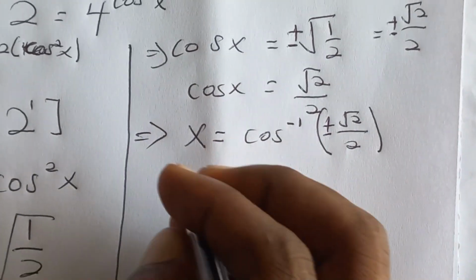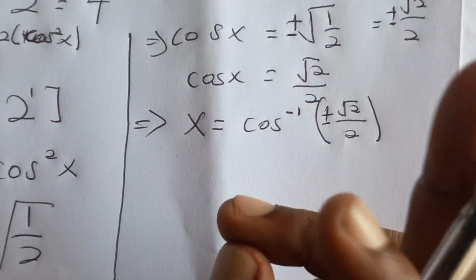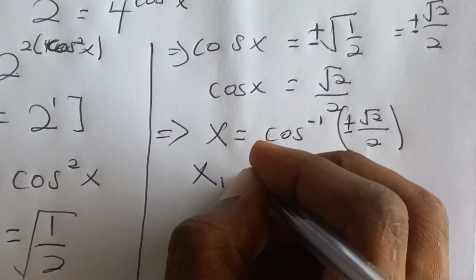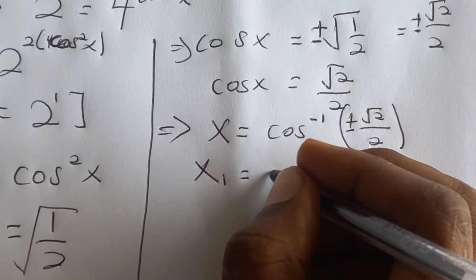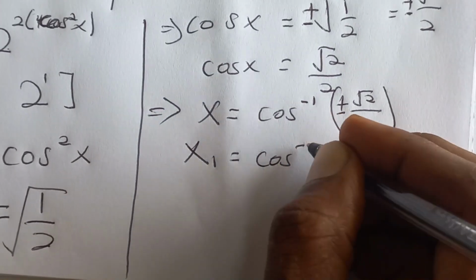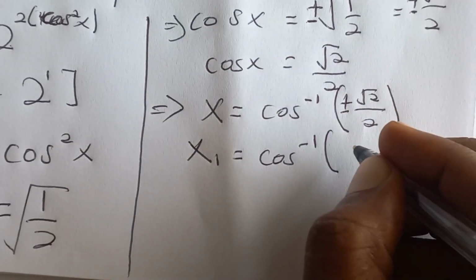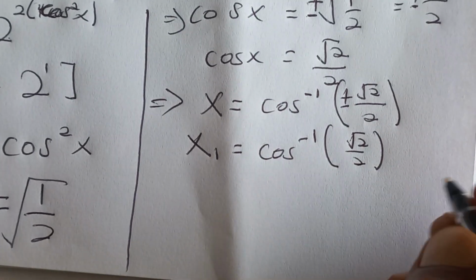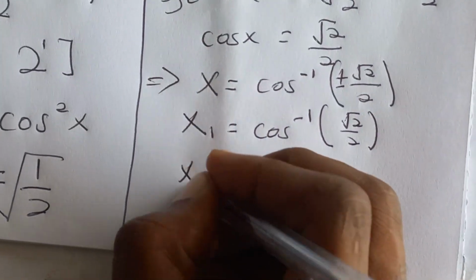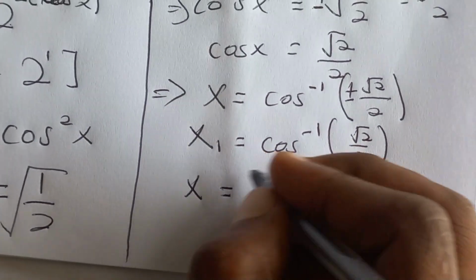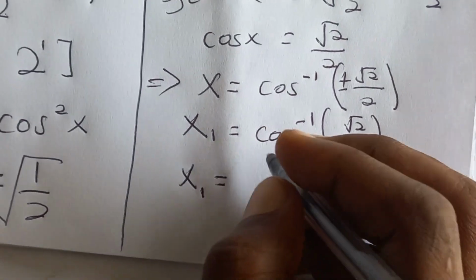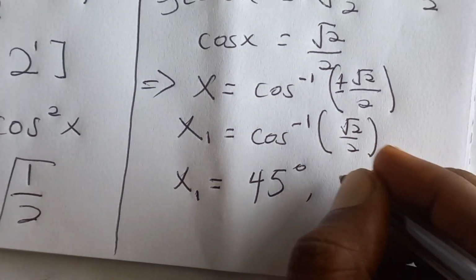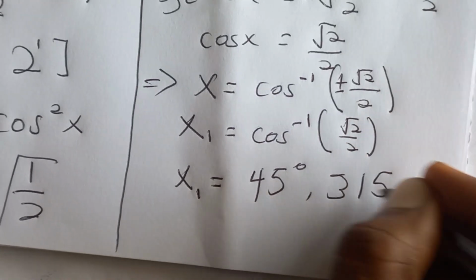Okay, so now it means that we have two values for x. So for x1, let's take the positive side, that is root 2 on 2. So x1 is cos inverse of root 2 on 2, and the values we get are 45 degrees and then 315 degrees.